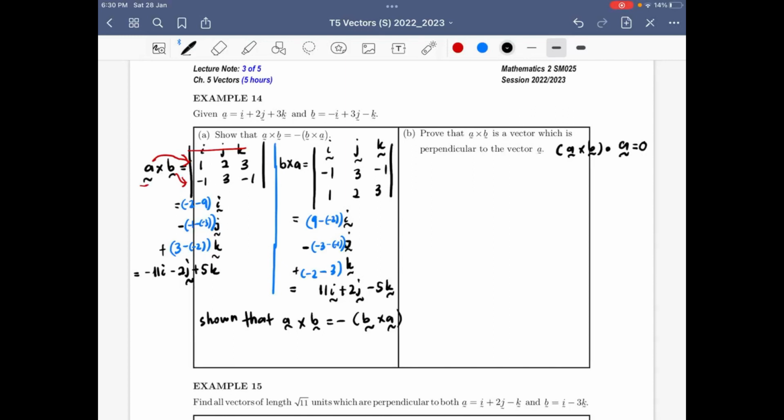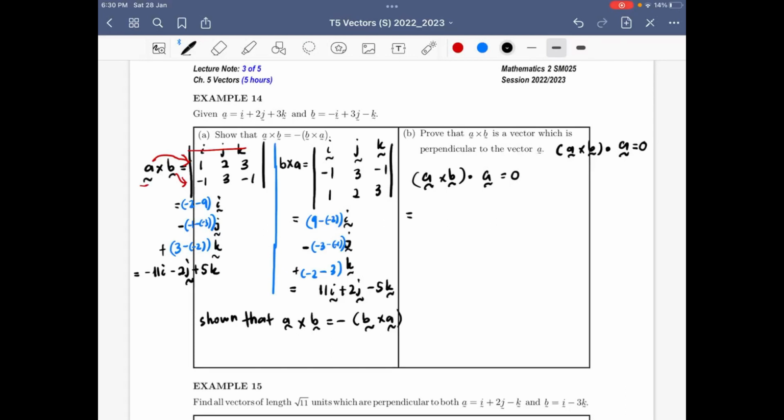Maybe you can make vice versa, vector A dot A cross B equal to 0. We can try, but I try this one first. That's the thing that we need to prove.